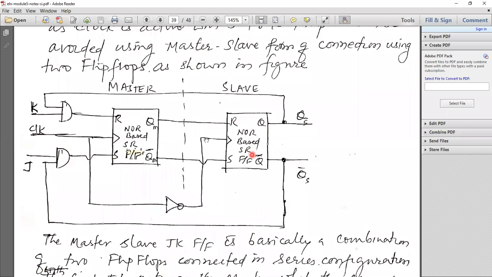And whenever the slave is active, the master will be off. So at any instant of time, either the master or the slave will be active. This is how we can avoid the toggling of the output stage.